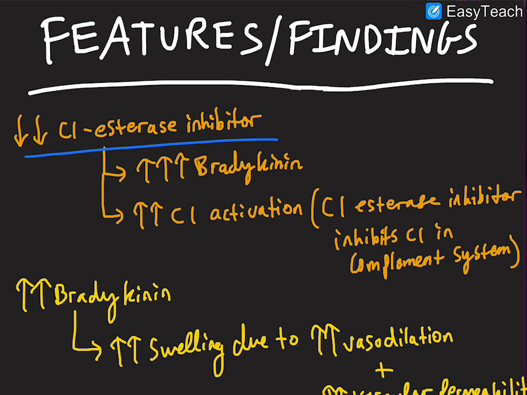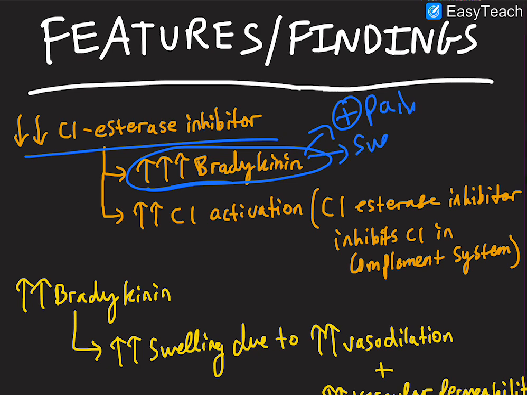That leads to high amounts of bradykinin production, which we said would increase pain and increase swelling and edema due to increased vasodilation and increased vascular permeability, because that's what bradykinin does.